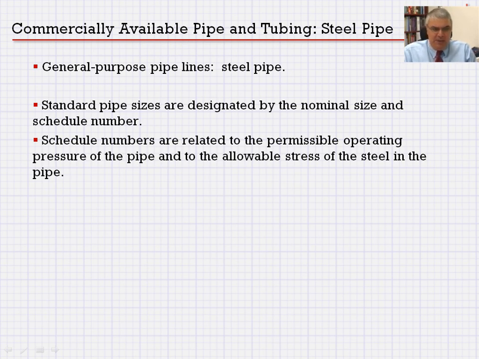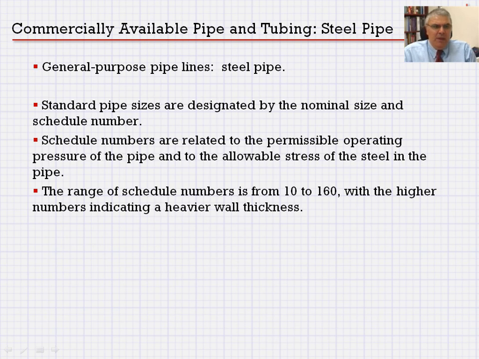It is a structure itself, so we want to make sure that it can take the loads and take the stresses, and for that case we want to make sure that the allowable stress of the steel is not reached. When I say they're a structure, they're different than buildings and other types of structures that we see, but a pipe is a structure that needs to be designed appropriately.